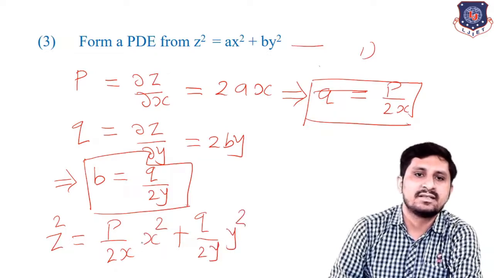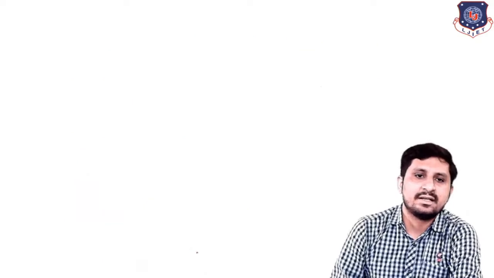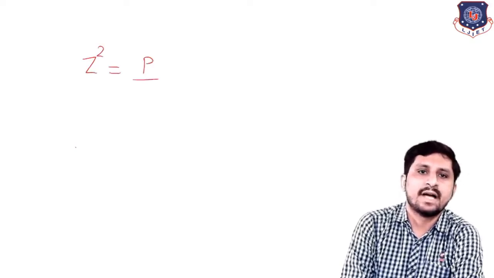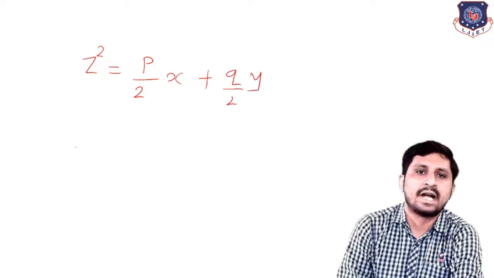So this x cancels out, x square upon x, here also y square upon y. So finally we get z square is equal to P by 2 into x plus Q by 2 into y.